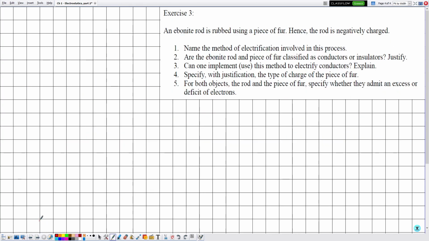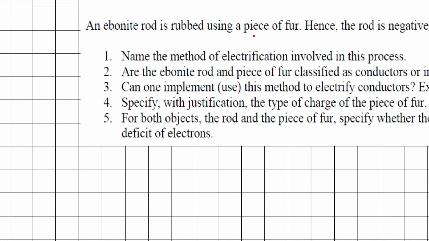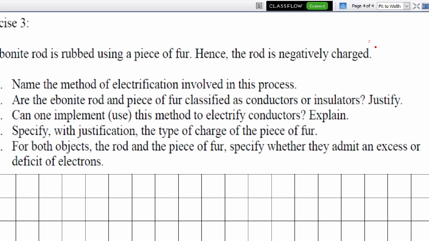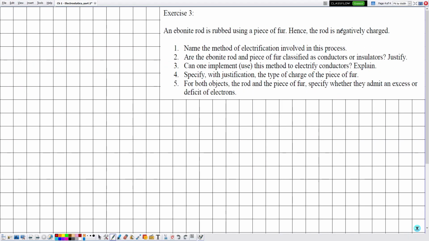Then exercise number 3, an ebonite rod is rubbed using a piece of fur. So the first thing that we should notice is that ebonite and fur are both classified as insulators and not conductors, and this is because we are rubbing them. They are telling us that the rod is negatively charged. So the moment that this is negatively charged, then this is positively charged. Now in number 1 they are telling us, name the method of electrification involved in this process.